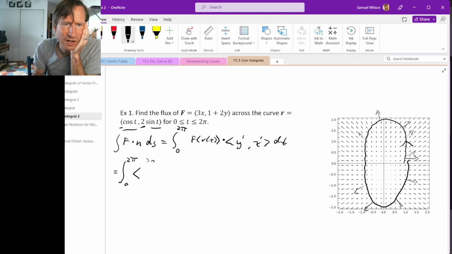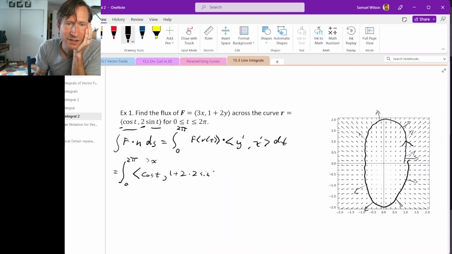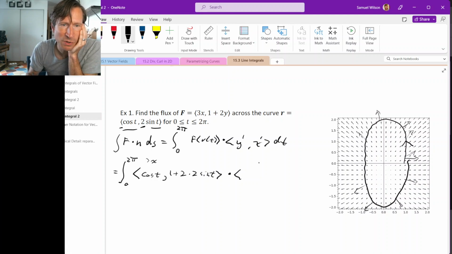Remember, we need to plug our parametric curve in there, so x is really cosine t. So cosine t, comma, 1 plus 2y, and y is really 2 sine t. Okay, dotted with y prime comma x prime. So y prime is 2 cosine t, and x prime is minus sine t. Okay, dt.